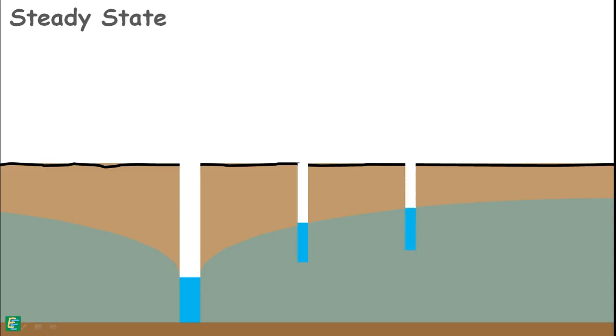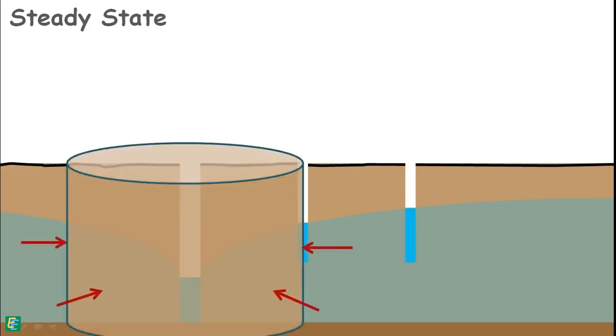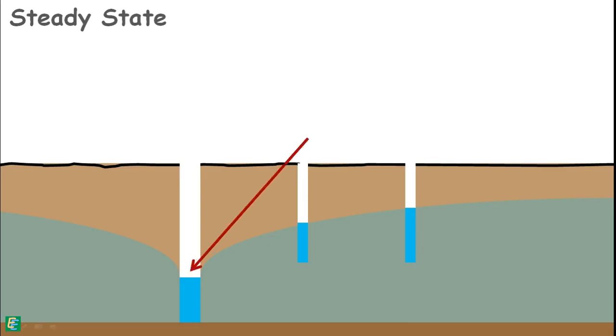So, the rate of water radially crossing this cylindrical surface is equal to the rate of water entering the well, and that is also equal to the rate of inflow water from this cylindrical surface. At this state, the water level in the well will not change.